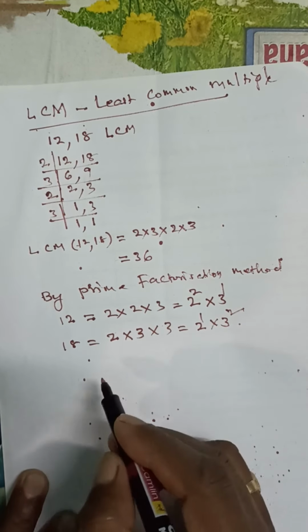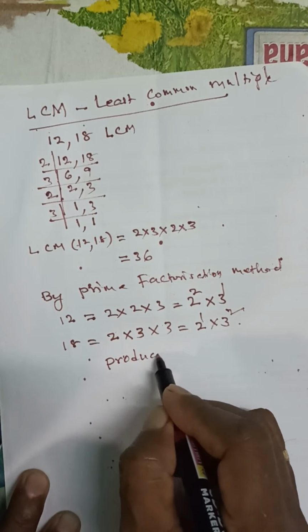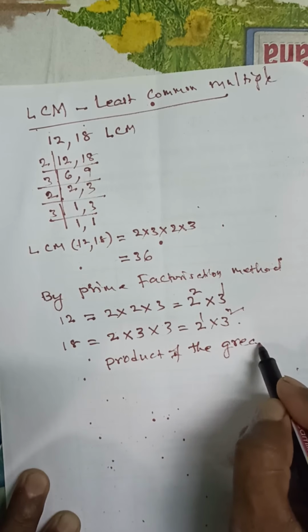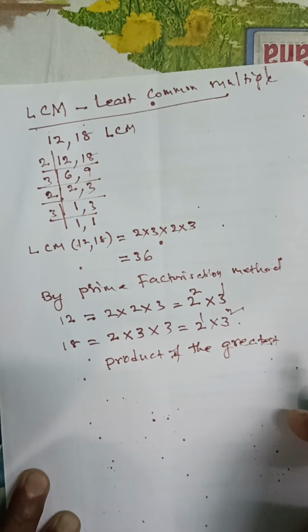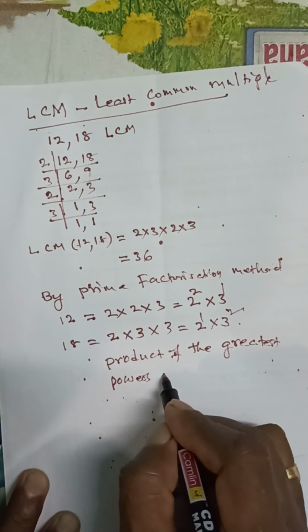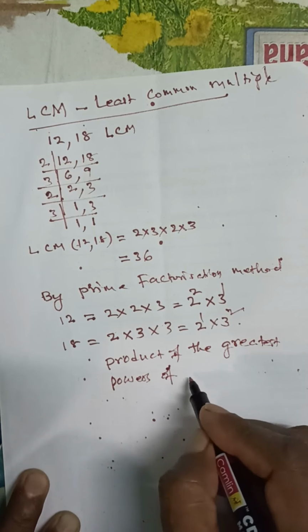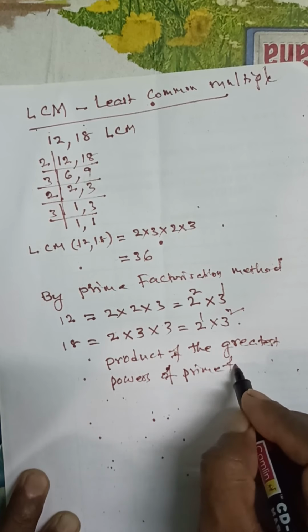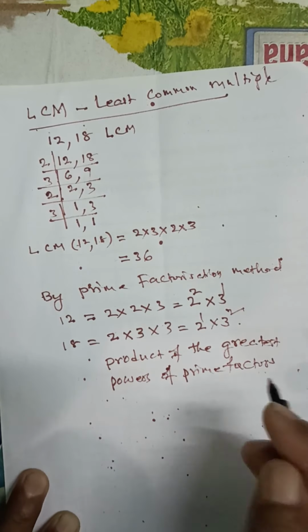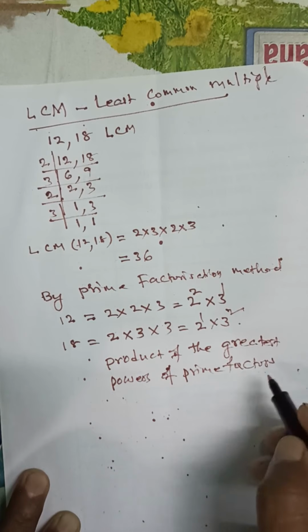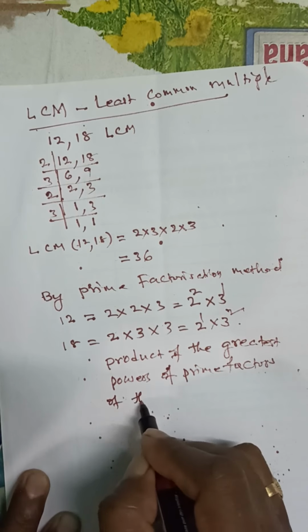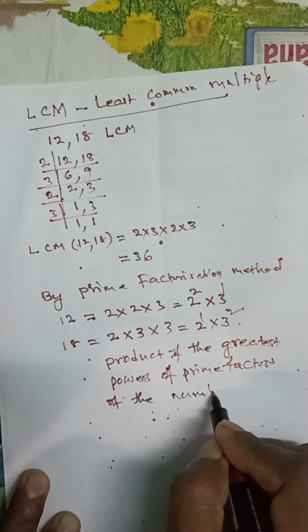Here LCM means the product of the greatest powers of the prime factors of the numbers.